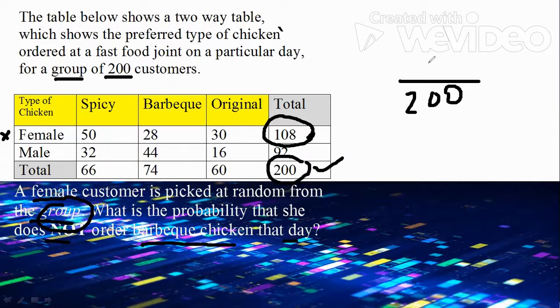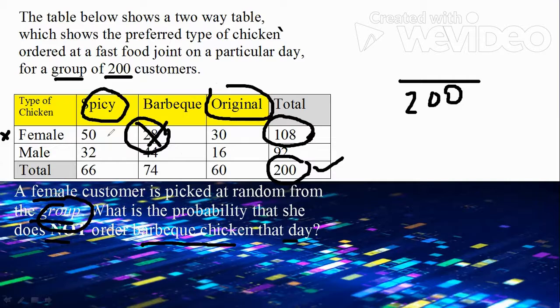The favorable outcome now, the numerator part. It says the probability that she does not order barbecue. If she didn't order barbecue, she must have ordered spicy or original.